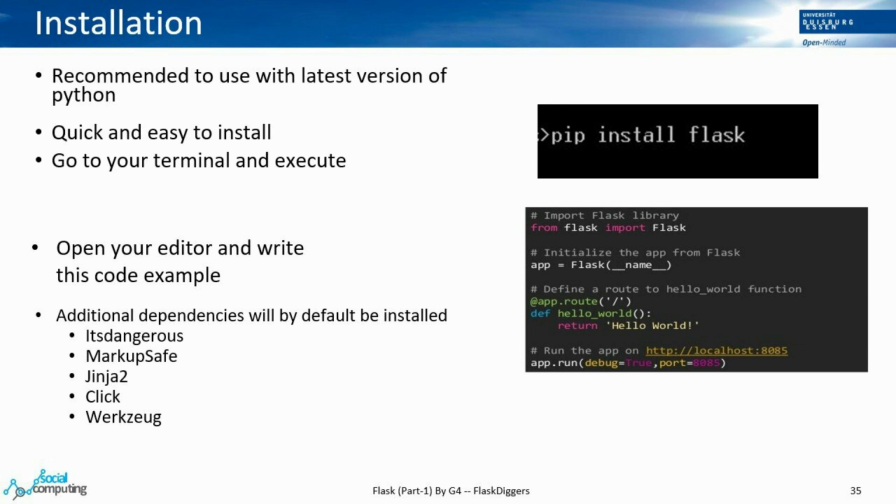Note that packages for one project will not affect other projects or the operating system. Within the activated environment, open the terminal and write this code: pip install Flask. Now Flask is installed. You will not need to install Jinja, Click, Werkzeug, and MarkupSafe because they will be installed by default. Now you can write this code example in your IDE and start running your first Flask project.